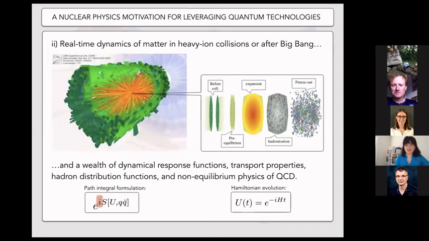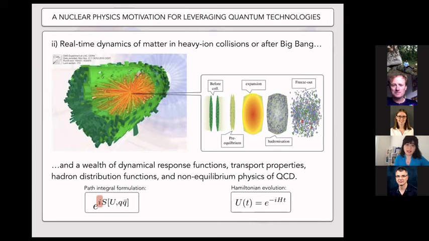Another set of problems that we'd like to address, and we've been very much limited with the current technologies, is the real-time dynamics of matter. For example, how the matter evolves after the collision of heavy ions or after the Big Bang, right?